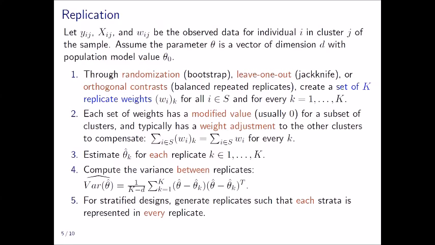And the other ones have increased weights so that the total sum of the weights, the population size, is the same. And like before, you calculate your estimates across each replicate, and you look at the variance between them. And with stratified designs, you incorporate the strata. So these two methods now look at variance between the clusters or between the replicates. And that's how we get a survey design-based estimate.